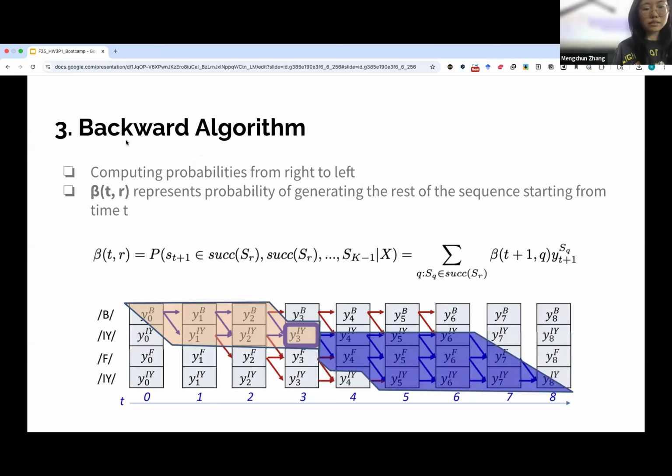This represents the probability of generating the rest of the sequence starting from time t. For example, previously we calculated the forward path. Let's say our time t is at this point. And now we will calculate this backward path, this blue area.